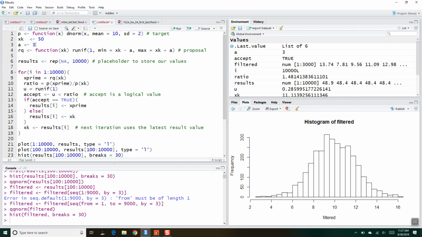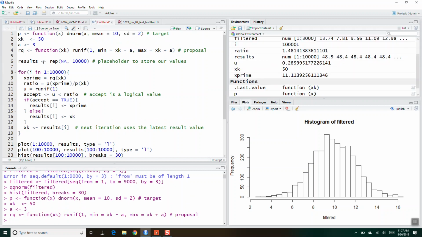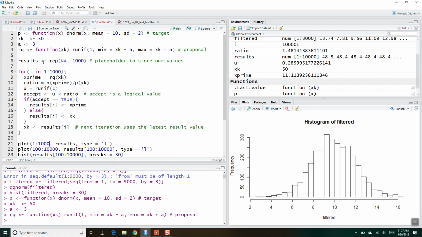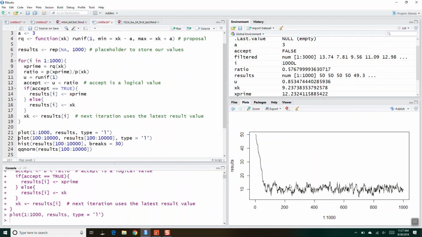I want to show what happens when we change what our proposal distribution looks like. Okay, so here we'll do 1 through 1,000. I think this will give us a little more resolution. So this was our original plot showing the first 1,000 values, right?